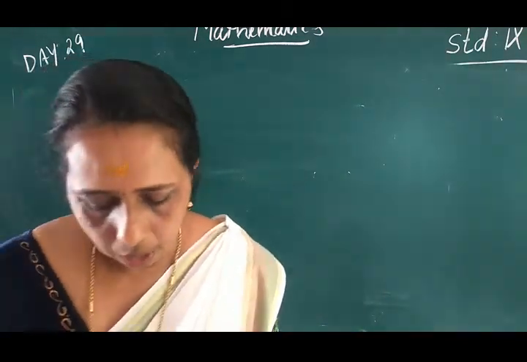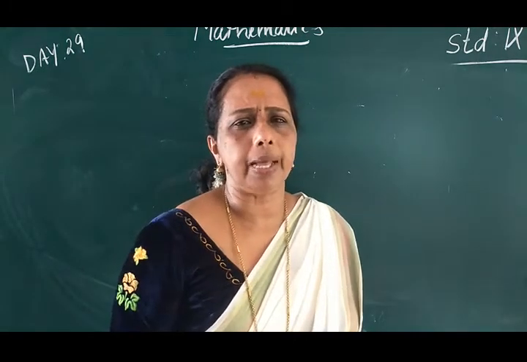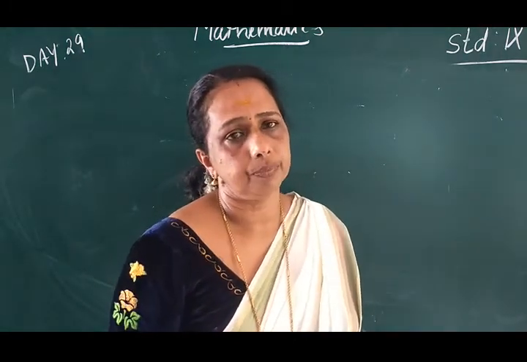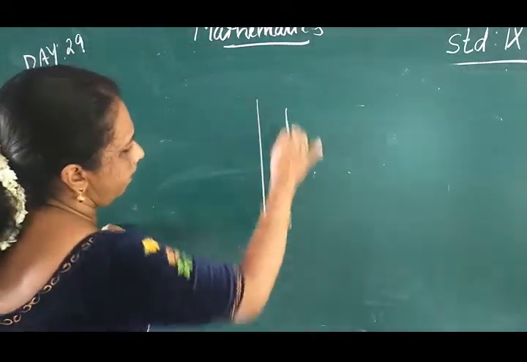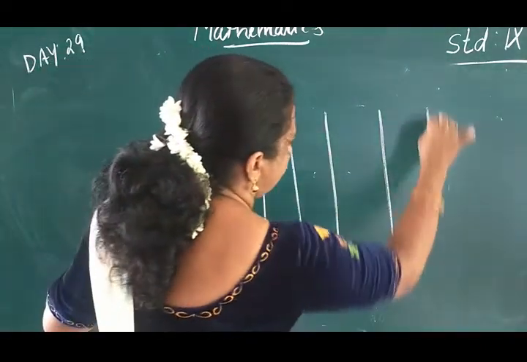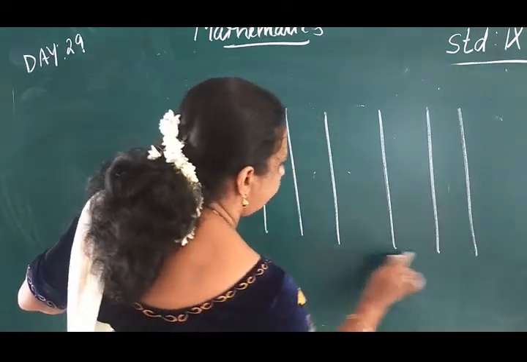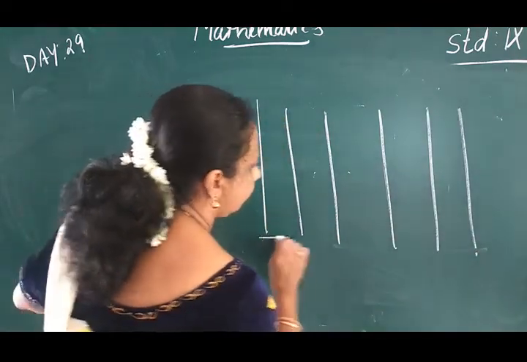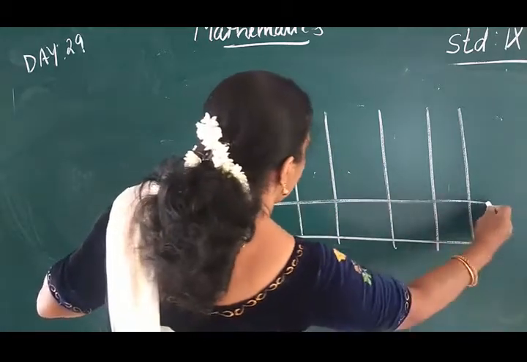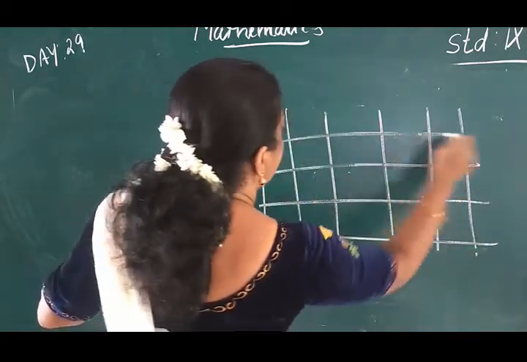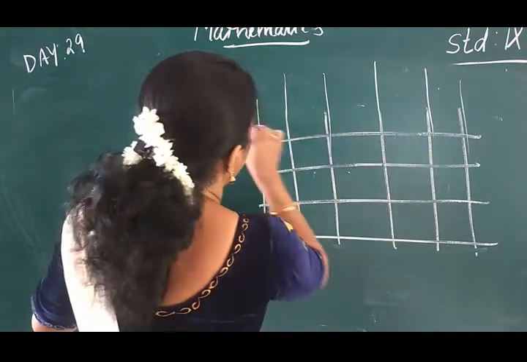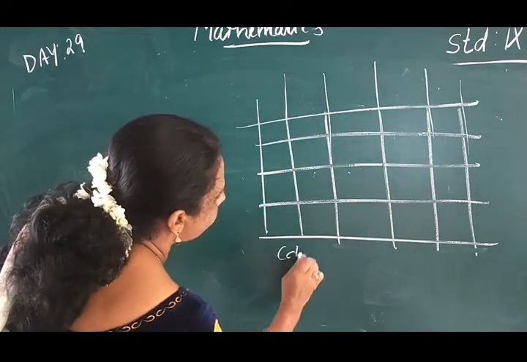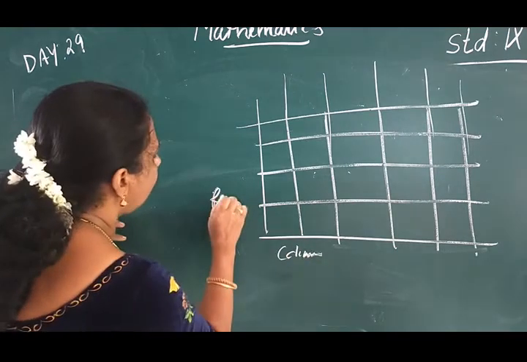Then one more thing: how can we locate the seating plan of a student in a class? Look here. These are the columns and these are the rows.